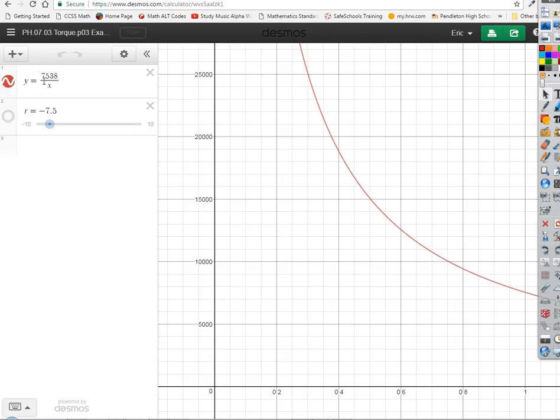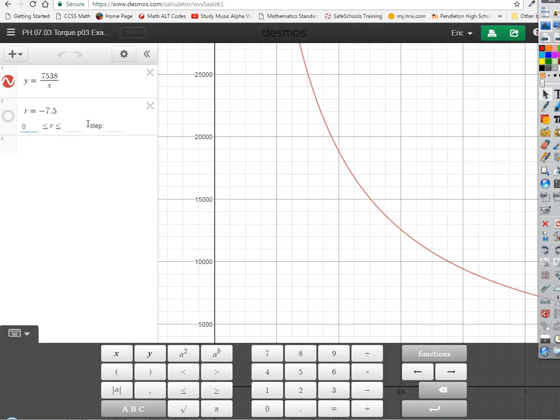Let's say that we've got 7,538 Newton meters of torque available. And let's say hypothetically that our radius is, well, that's a pretty big radius. I'm going to change this a little bit, so the radius is going to vary between 0 and 1.